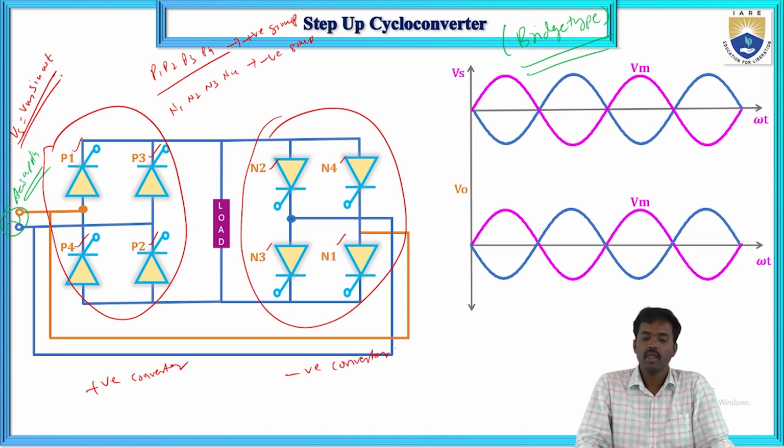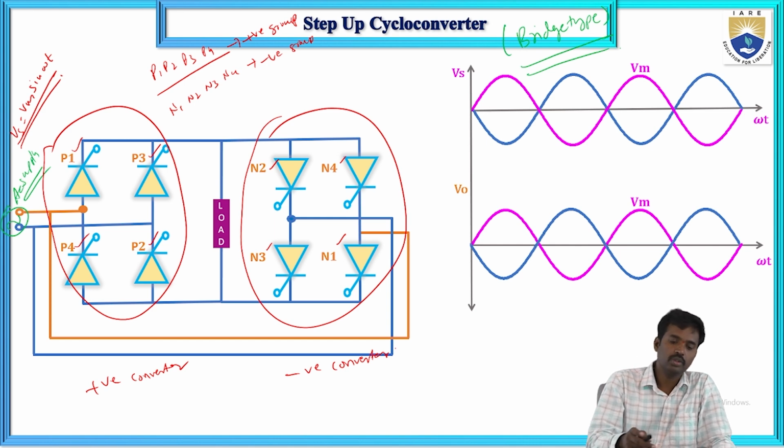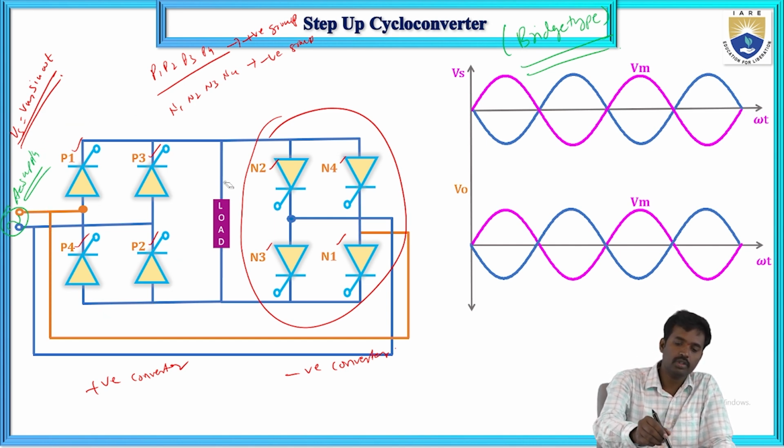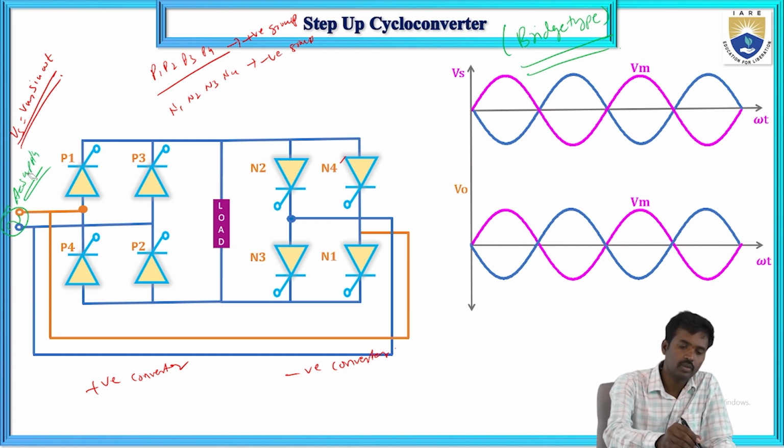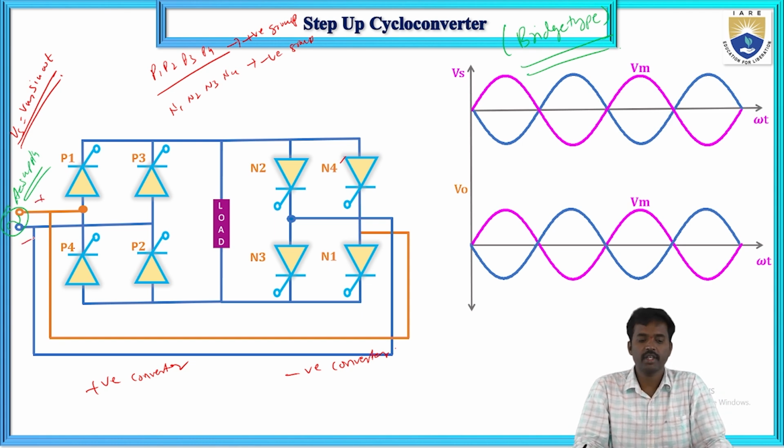So now, when you give the positive supply to this one, I'm erasing this. I am giving positive supply during the positive half cycle.